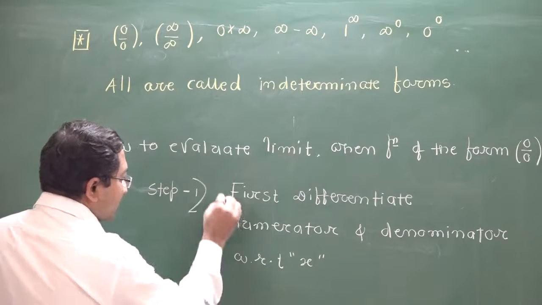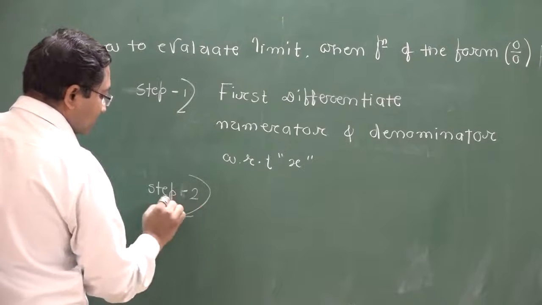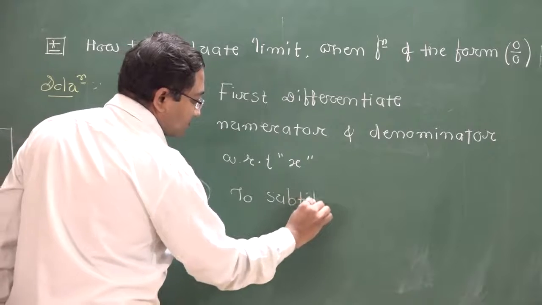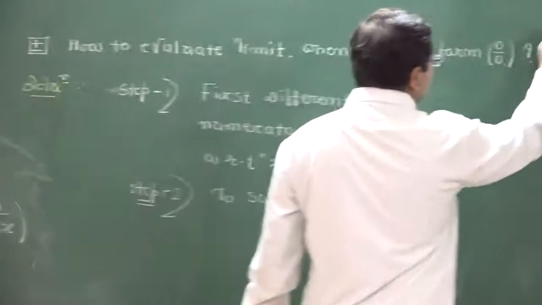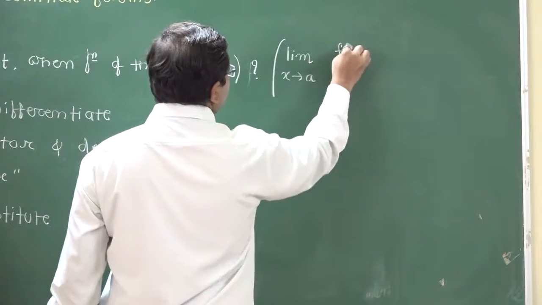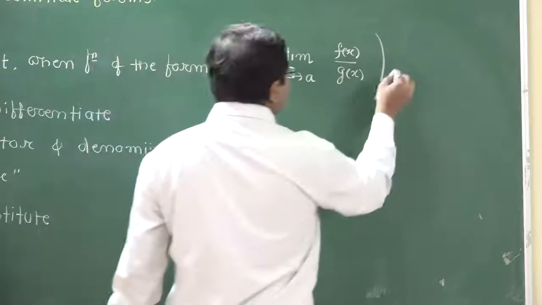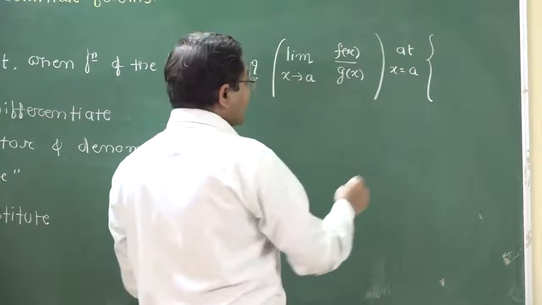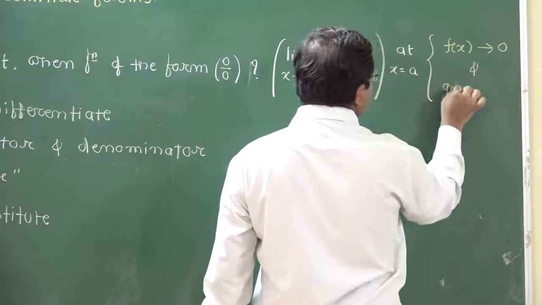Then step 2, substitute. Our function is of the form limit x tends to a, f of x upon g of x, and at x equal to a, f of x becomes 0 as well as g of x becomes 0.